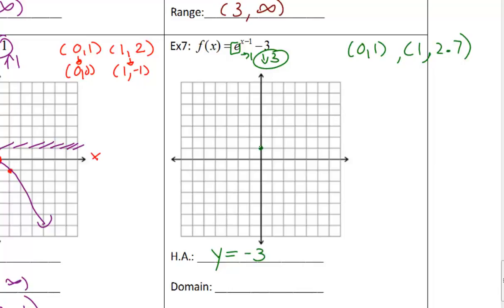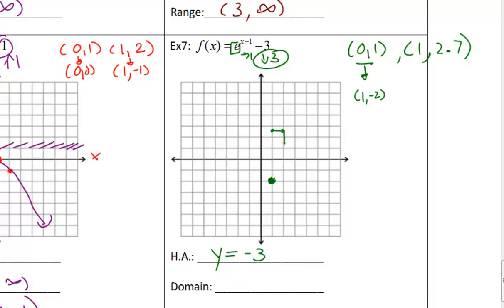So here's (0, 1). What I need to do to it is go 1 to the right and then down 3 units. So here's the location of my new point. So this point became (1, negative 2). The other point, (1, 2.7), right there, needs to go right 1 unit, and then it needs to go down 3 units.